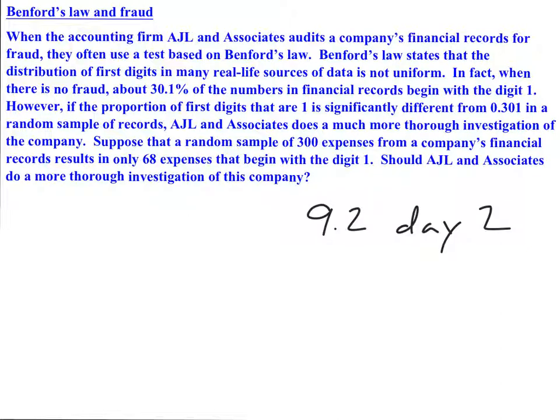A lot of factors go into that, but typically speaking, the leading digit of a 1, which is more common than the other 9 digits, if we're including 0, shows up about 30% of the time. 30.1% is technically what Benford's law states. So we're doing basically an audit of a company's expenses and deciding if we should look further if there's any suspicion in their record keeping of their expenses.